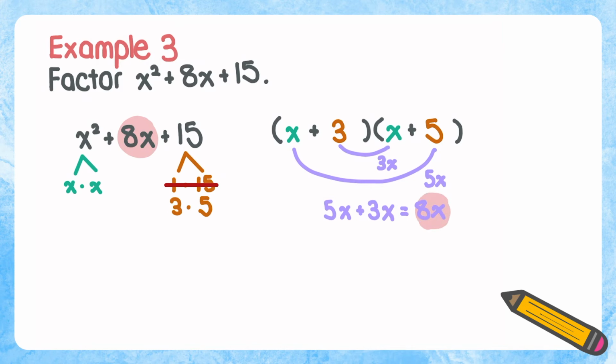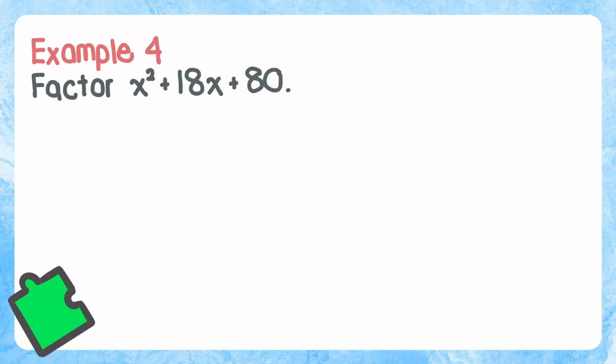It's the 8x that we were going for. So I know that when we factor this trinomial, it factors out to x plus 3 times x plus 5. Alright, so please use the method of exhaustion to factor this trinomial. X squared plus 18x plus 80.